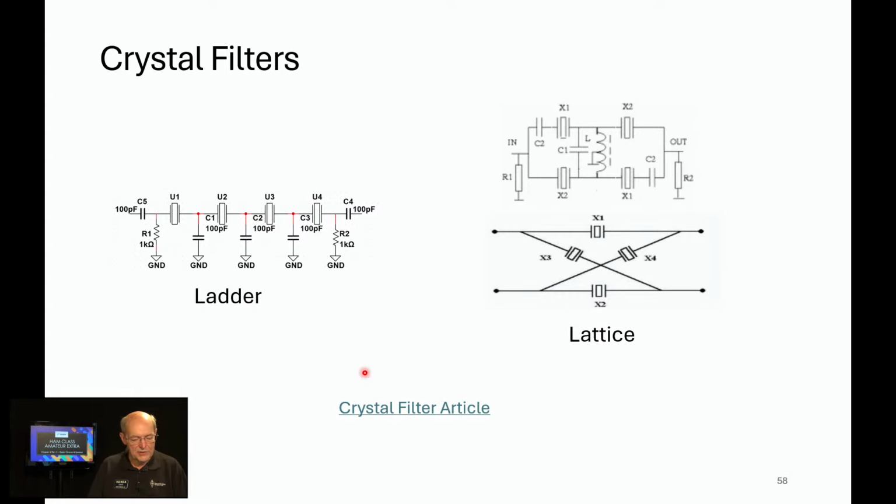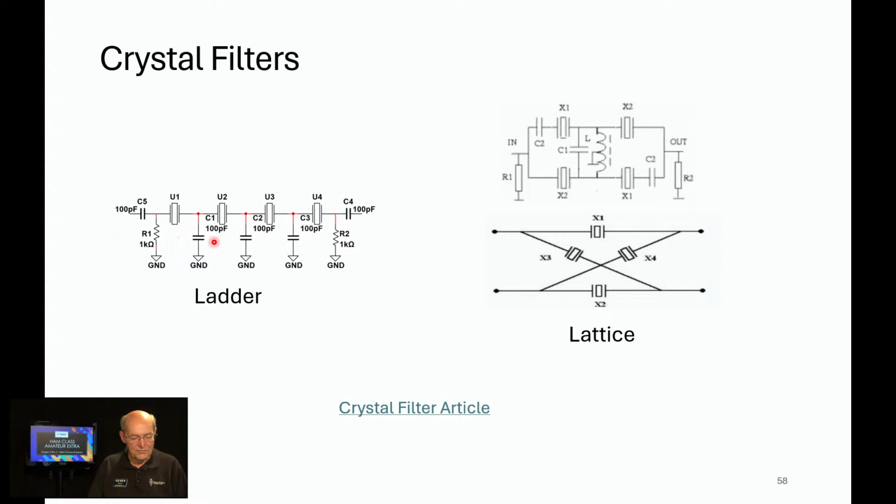And here's a couple of pictures. You'll see the terms ladder filter and lattice filter. Don't really need to know too much about why they're different, but there is an article here if you care to dig a little bit deeper. The ladder kind of looks like a ladder tipped on its side, and a lattice kind of looks like something that you'd put on your house to grow vines.